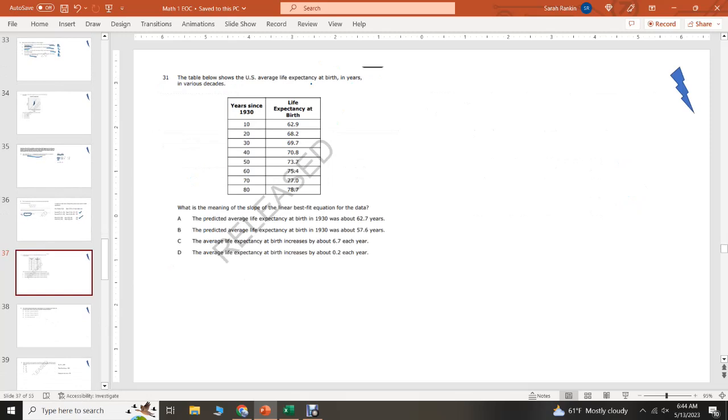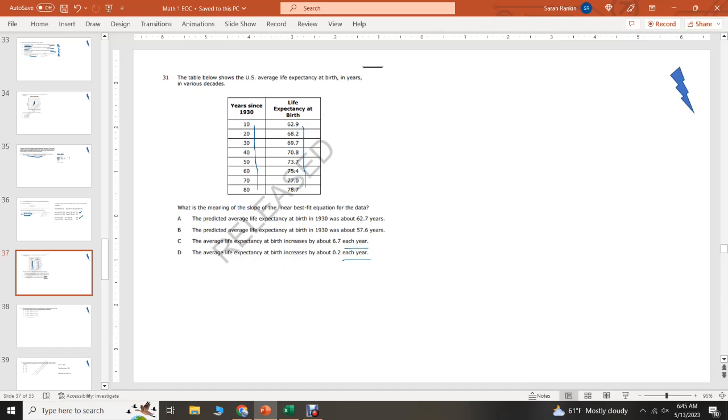Table on life expectancy. Okay. So you could use a graphing calculator, or you could just calculate the slope. Now, the key thing here is this is every 10 years, and they're asking for each year in these answers, right?